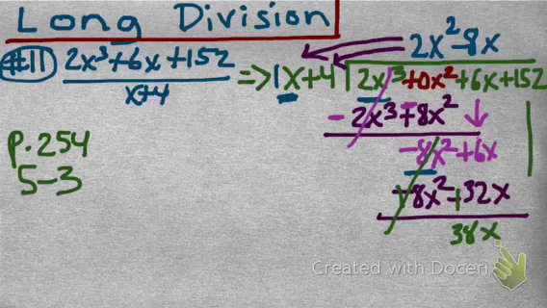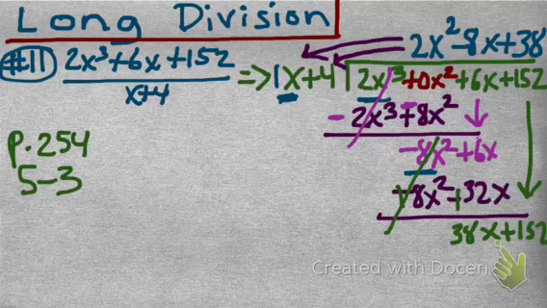I'm going to bring down that constant 152 term, and we start again. Not too bad, we're getting through here. So I need 38x, and I just have 1x, so I need a coefficient of 38. I'm going to add 38 on top, and then multiply them through.